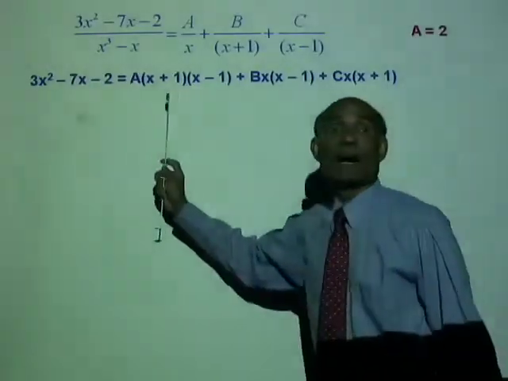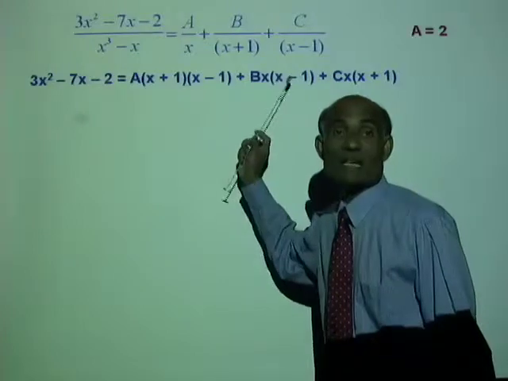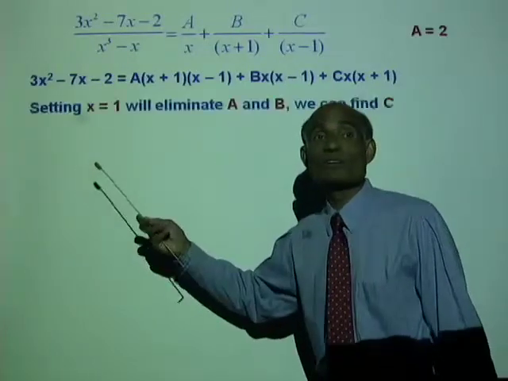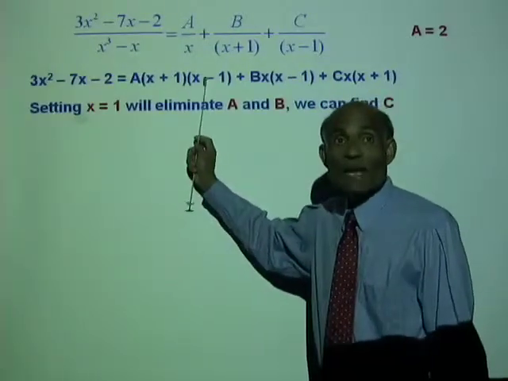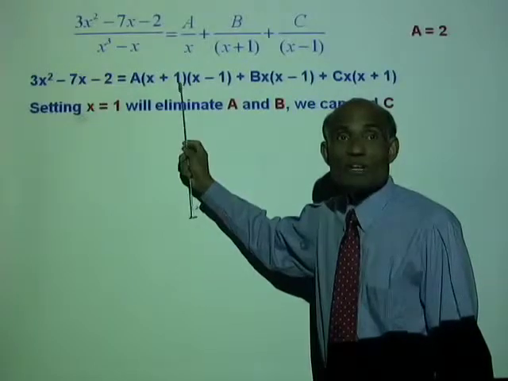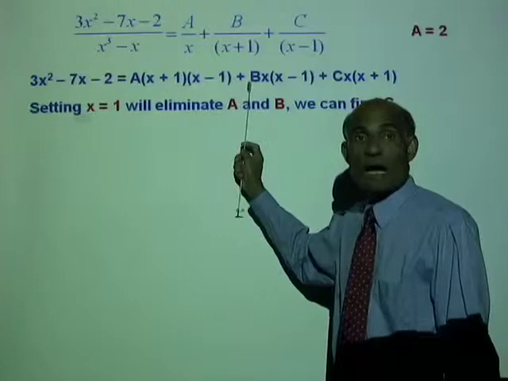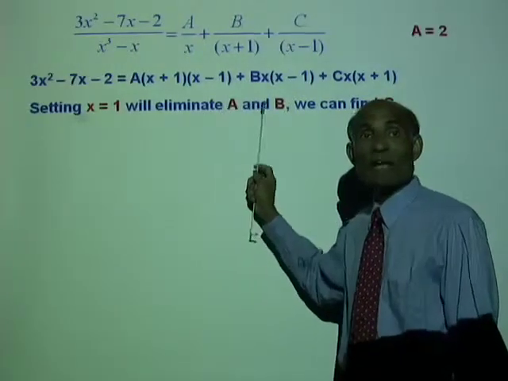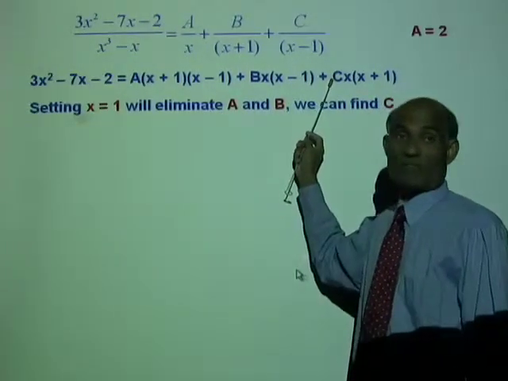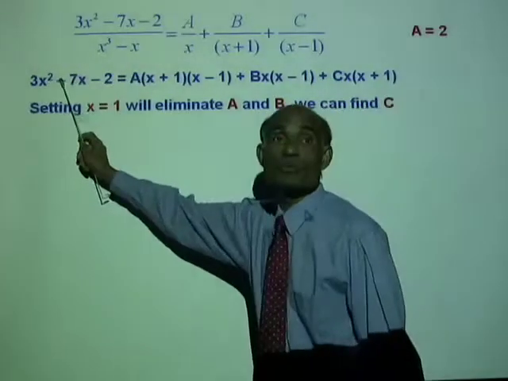Alright, let's go and find the other constants b and c. What will you do next? Well, if you put x equal to 1, it will reduce this term to 0 and this to 0. We can eliminate a and b and we can find c. So let's set x equal to 1.